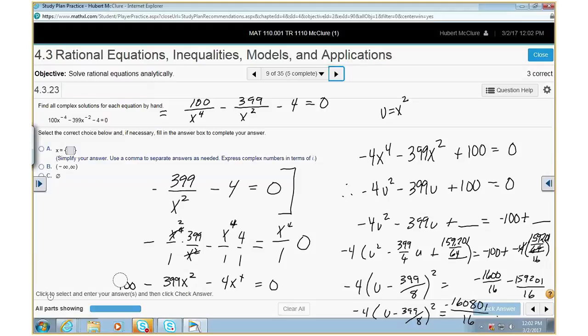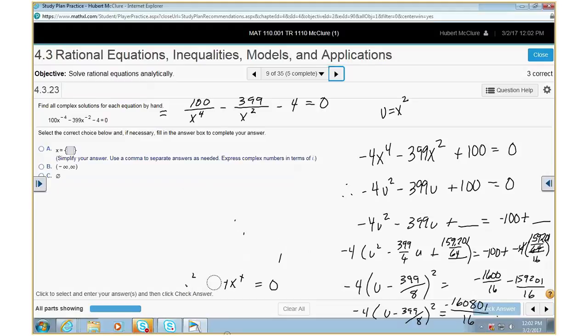This is a dang good test question. That's going to give us, well, the vertex is 400 over 8, and some number over 16, so that'd be about 10,000 or something like that. What would that come out to be? Okay, negative 10,050.